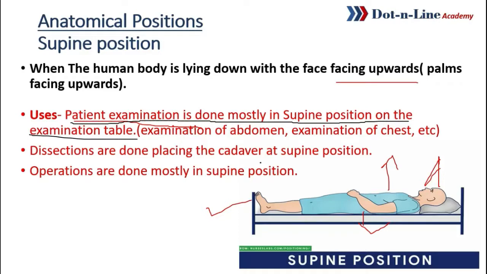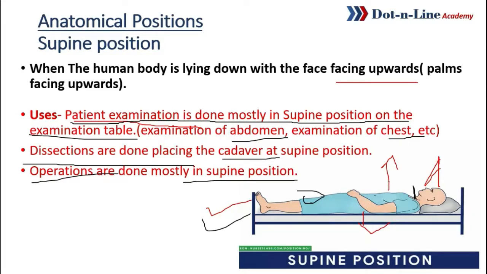When the examination of the abdomen, the chest, the upper neck, the knee has to be done, the patient is asked to lie on the examination bench in a supine position. Dissections are done in the supine position. The cadaver is laid down in the supine position. Most operations are done in the supine position: operations of the abdomen, the hip, the chest, the heart.